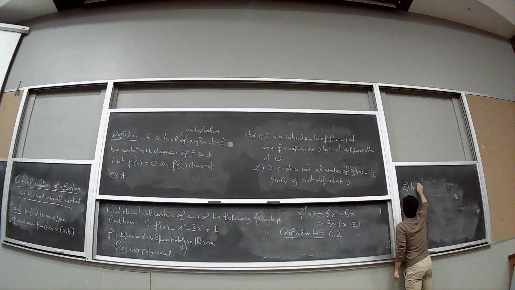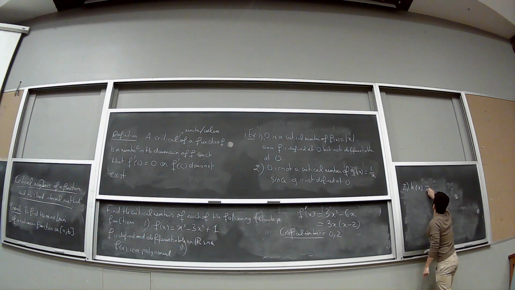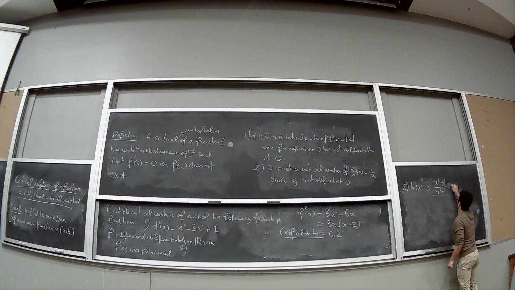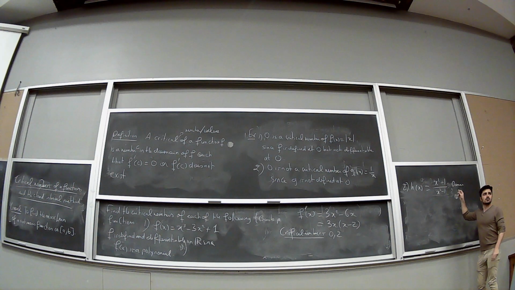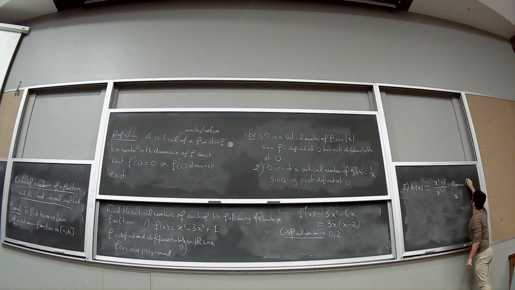Okay, let's do another one. Two: h of x is equal to x squared plus 1 over x squared minus 1. This is a rational function. You agree? Where is it defined? It's defined wherever the denominator is non-zero. So the domain is R minus plus or minus 1.